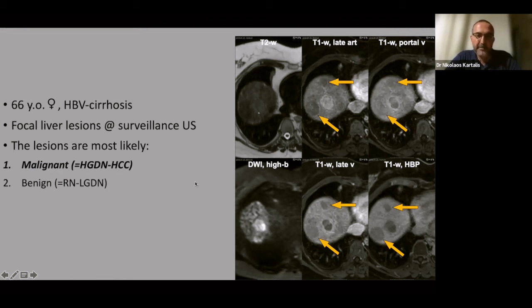We have to remember that the hepatobiliary phase, both after Primovist and after MultiHance, may be very, very helpful, and it can show us in very early phases high-grade dysplastic nodules or already progressed HCCs.